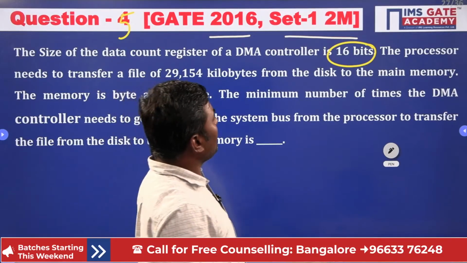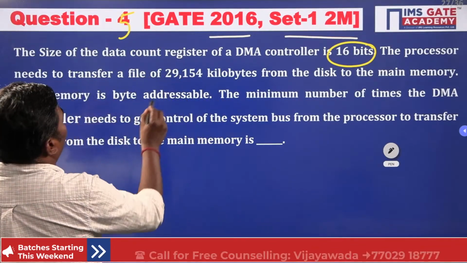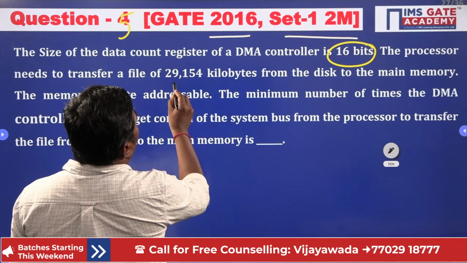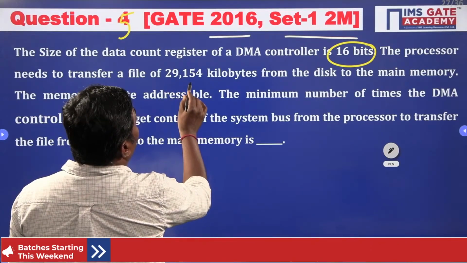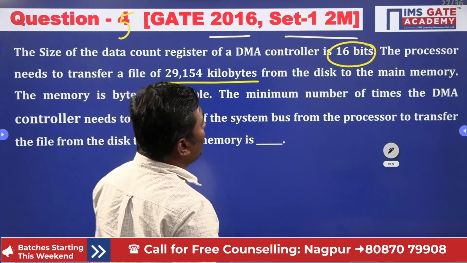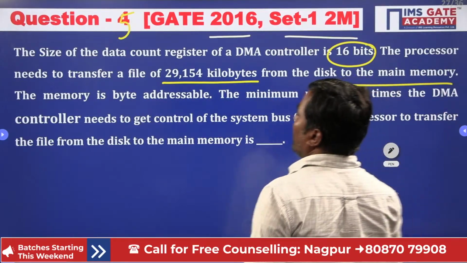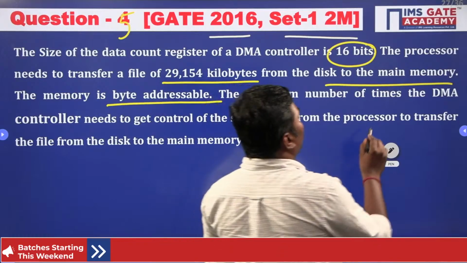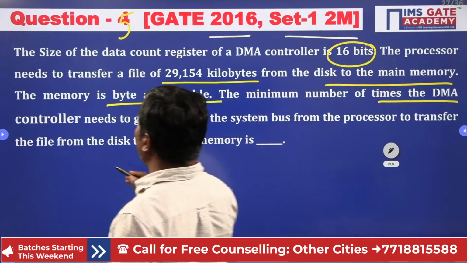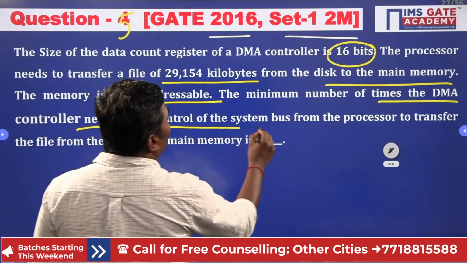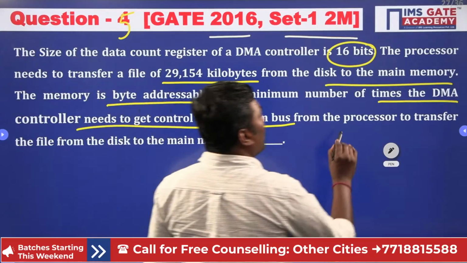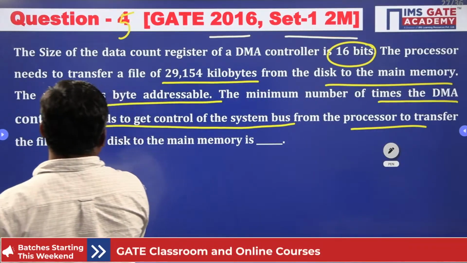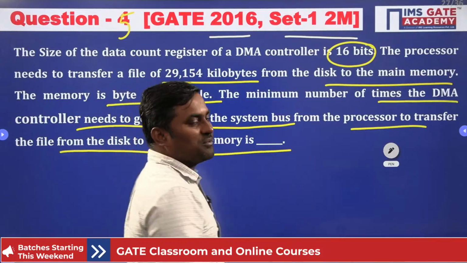Processor needs to transfer a file of 29,154 kilobytes from the disk to main memory. The memory is byte addressable. The minimum number of times the DMA controller needs to get the control of the system bus from the processor to transfer the file from disk to memory is dash.